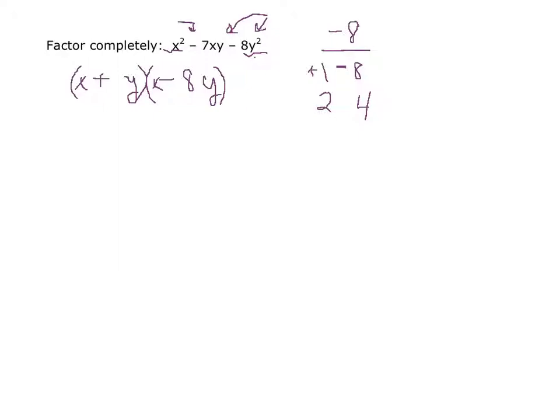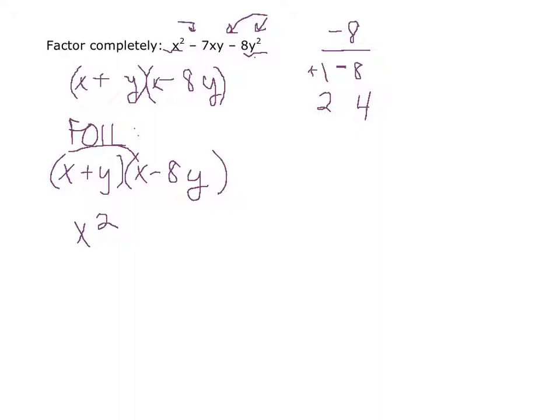We can always check by FOIL or distribution. I'm going to start by rewriting my expression so that I can say, what is x times x? Well, that's x squared. X times a negative 8y would be a negative 8xy.